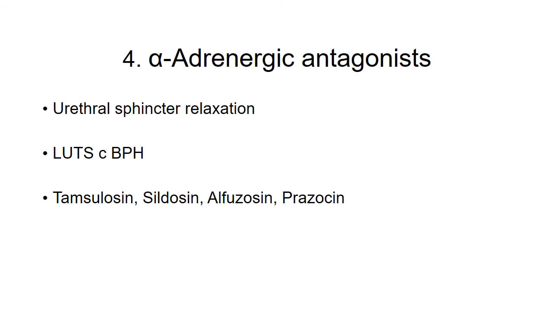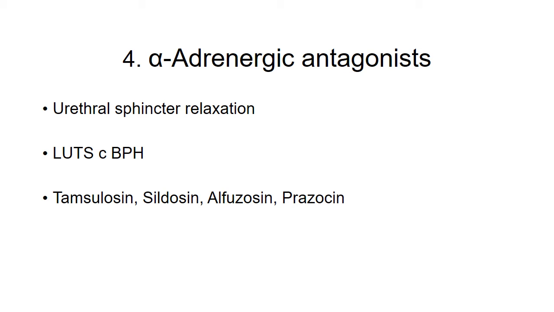Alpha adrenergic antagonist. It decreases the outlet resistance. Main action is to decrease the outlet resistance. Effective for treatment of both storage and voiding symptoms in men with benign prostatic hypertrophy.